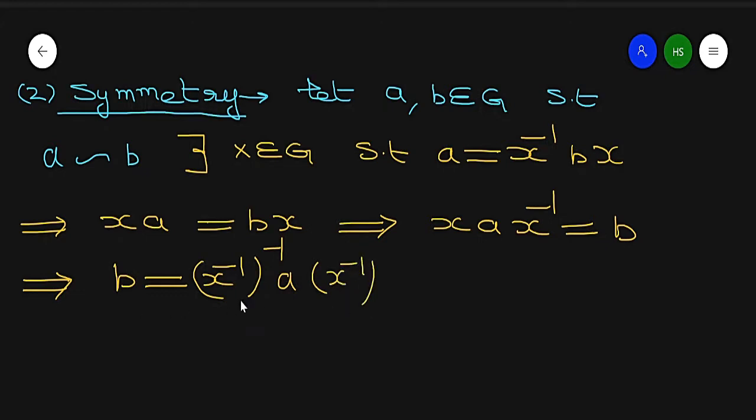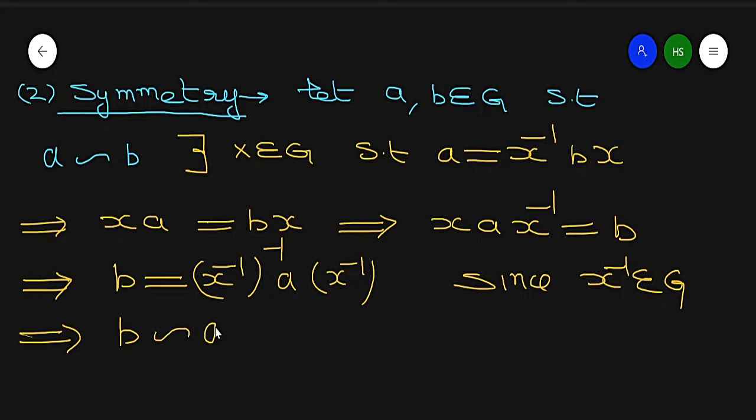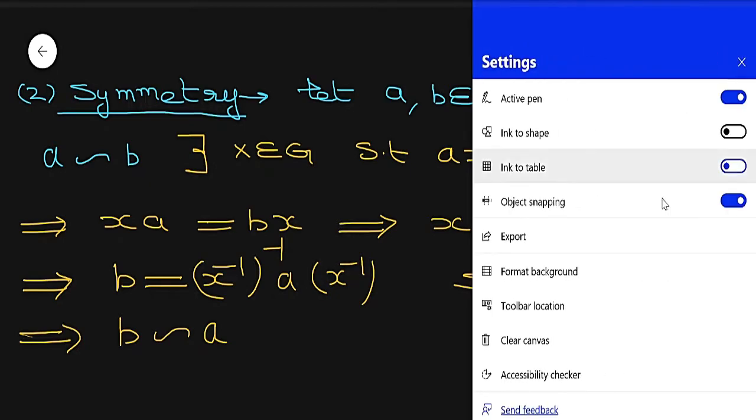Since X inverse is an element of G, B is conjugate to A, so it satisfies the symmetry property, because I took A conjugate to B and proved B is conjugate to A.